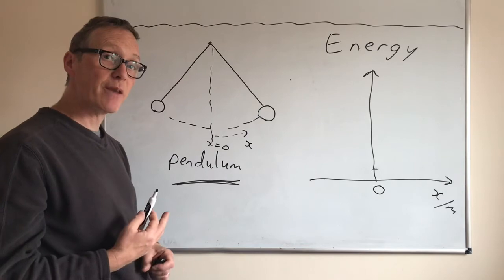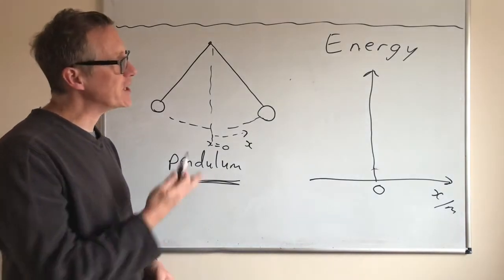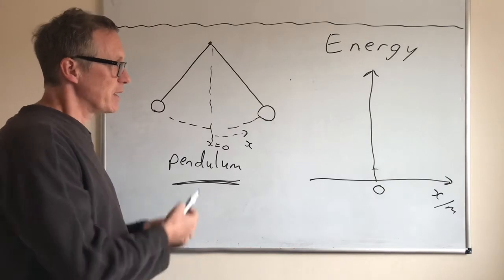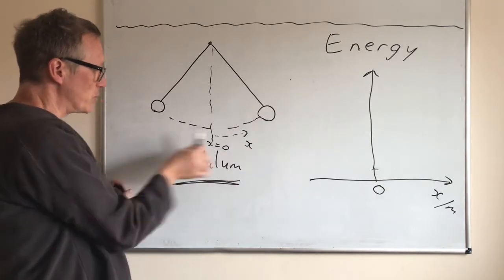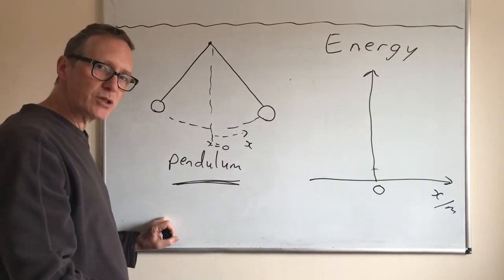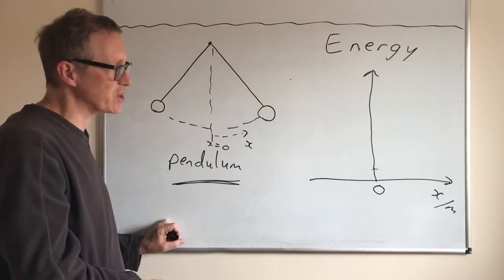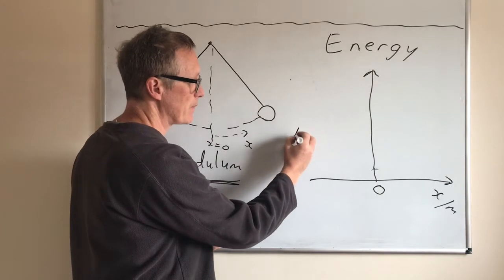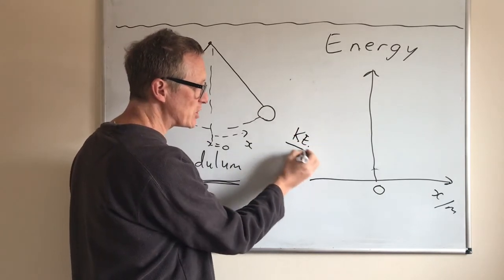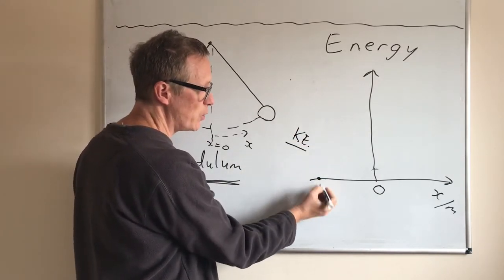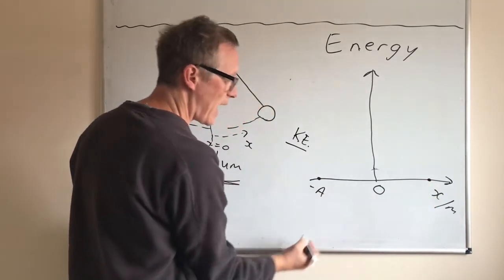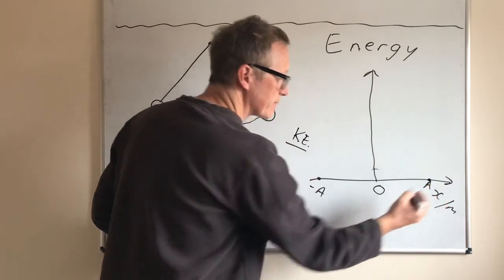So let's just think about a very simple form of energy in this, which is kinetic energy. Well, the thing is stationary at the two extremes. If it's stationary, it has a velocity of 0, therefore by definition kinetic energy must be 0 at the two extremes of motion, at the amplitude on each side.